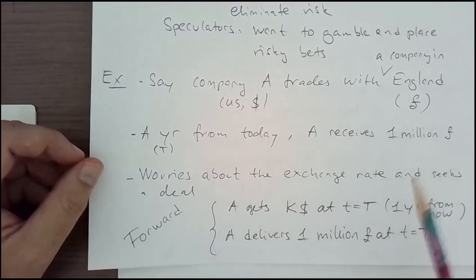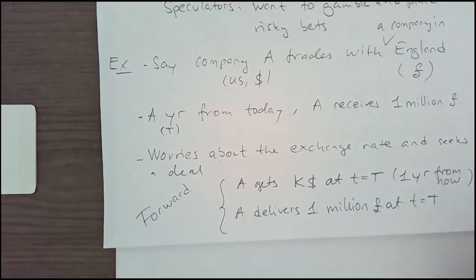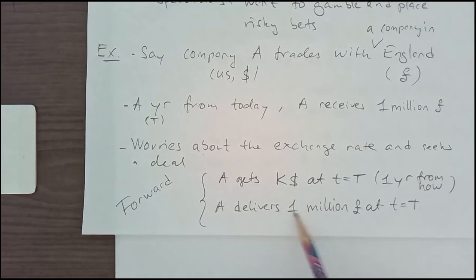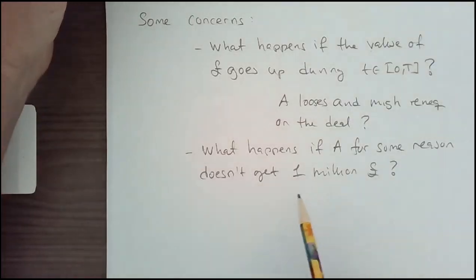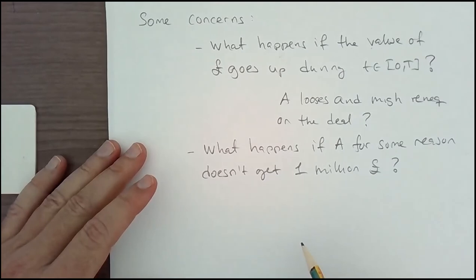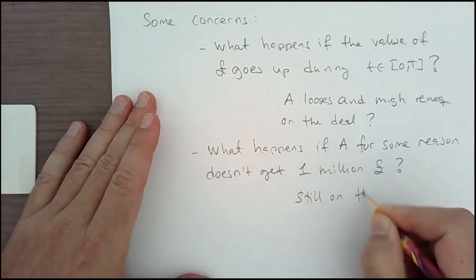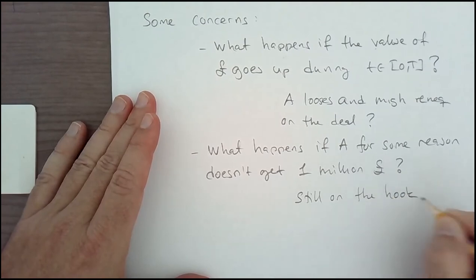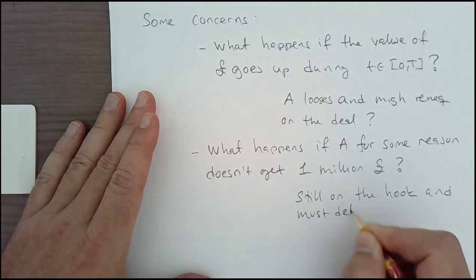He expects to get this 1 million pounds, he enters this deal where he promises to deliver 1 million of these pounds, and now something happens in this period that means that he won't get them after all. He's still on the hook and must deliver.